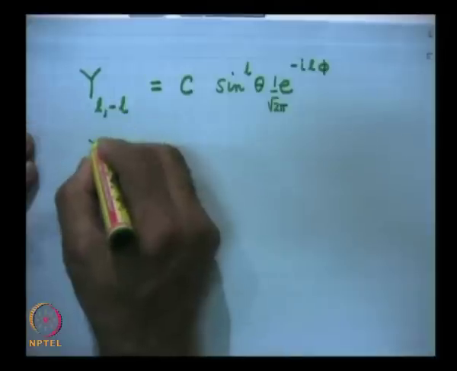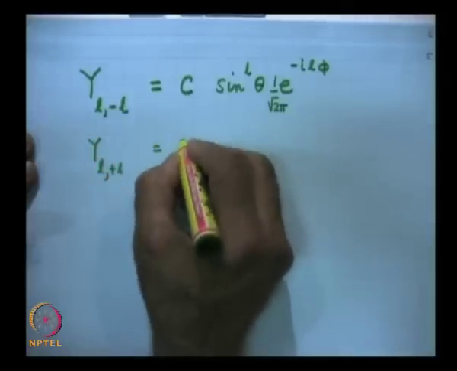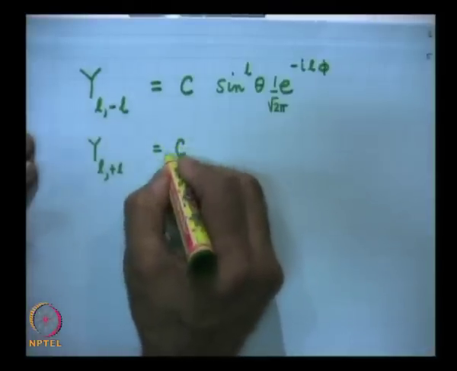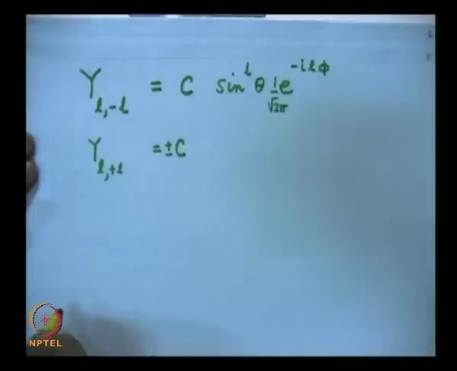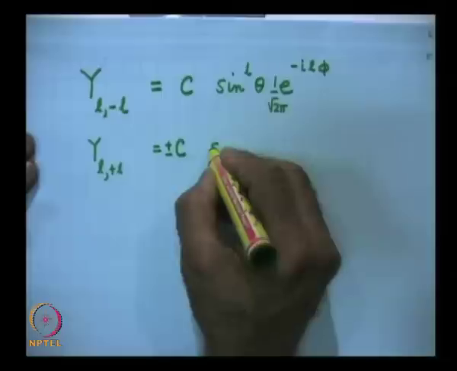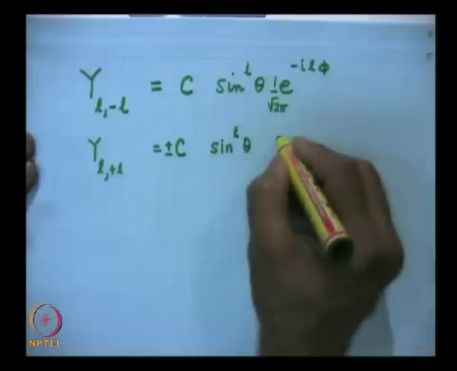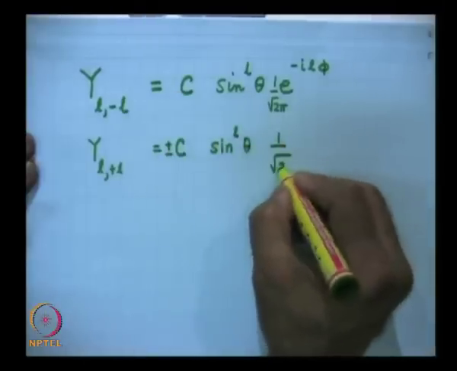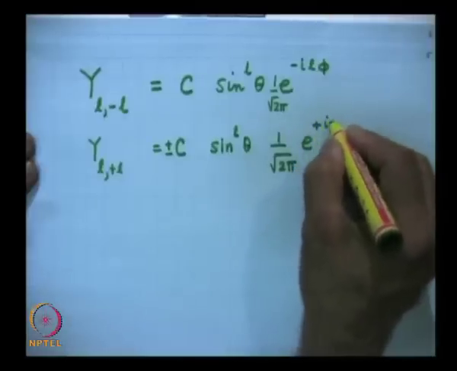Then Y L L will be the same constant. Actually, there can be a plus sign here or a minus sign here, depending on the value of L. This is what I wanted to tell you today, and this is multiplied by the same sin L theta, the same constant, but except for a sign, 1 over root 2 pi, this will be plus i L phi.